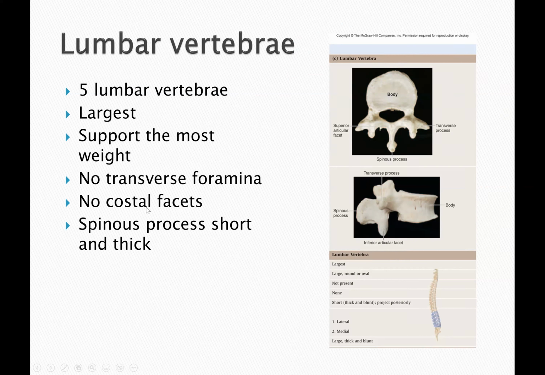No costal facets. Costal means rib. The spinous process is very short and thick, but biggest body. That's lumbar, and only 5 of them: L1, L2, L3, L4, L5.